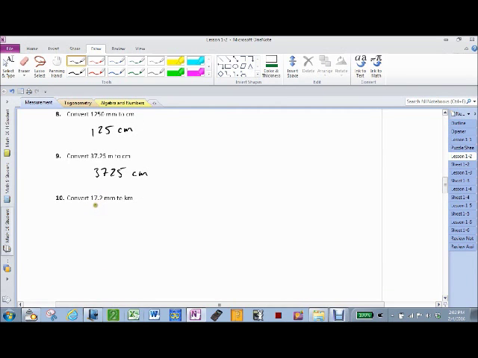Now, a stupid measurement, isn't it? Would we ever measure 17 millimeters in kilometers? No, of course not. But it shows that you can move the decimal place. How many decimal places does it have to move? 4. We start at 17.2. I'm moving up the stairs, so does it move left or right? Left. So centimeters, decimeters, meters.